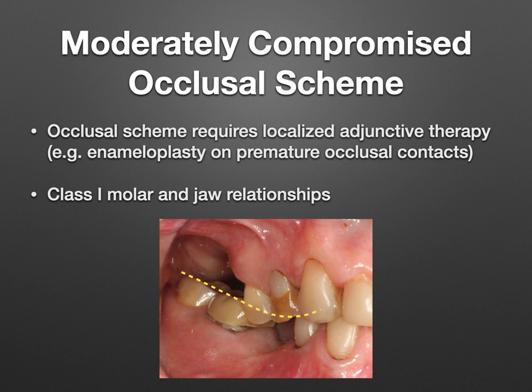However, as you can see, the crowns of teeth number 4 and 5 are supra-erupted, so part of the crown is over the ideal occlusal plane. It means that if we want to restore all the missing area back to normal, then the upper teeth number 4 and 5 may need some enameloplasty to correct that problem. So this is what would be considered a moderate compromised occlusal scheme.